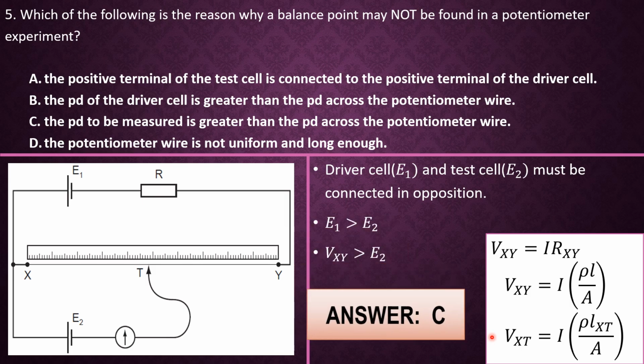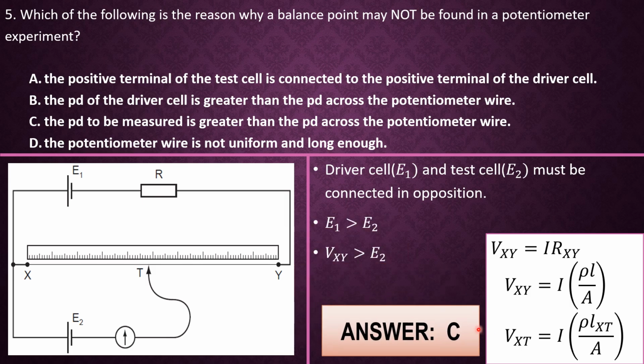Okay, so the answer is actually C. The PD to be measured is greater than the PD across the potentiometer wire. That's just what we've said now. If this E2 is greater than the PD across the potentiometer wire, you're never going to find a balance point.